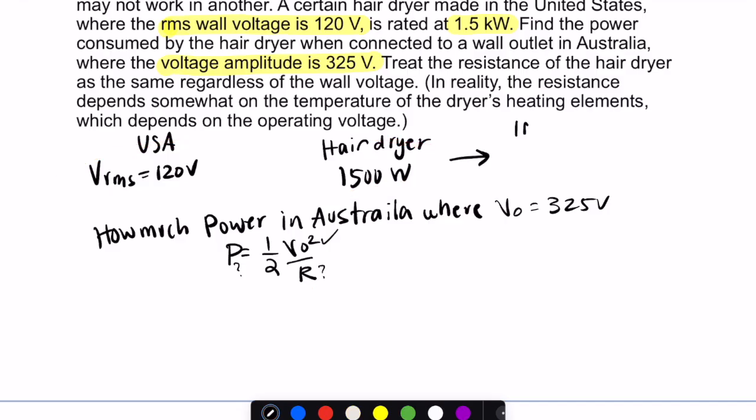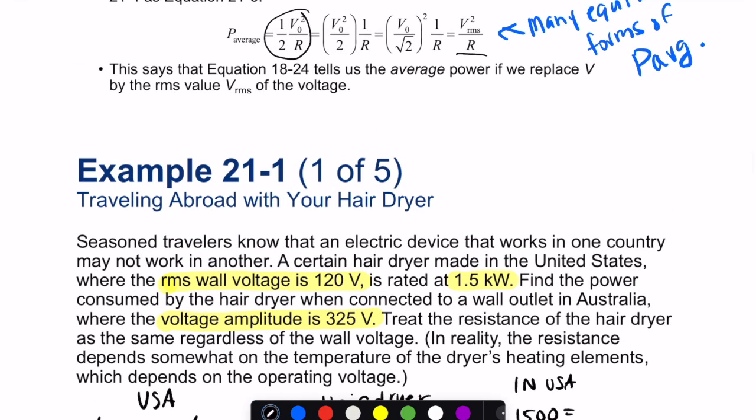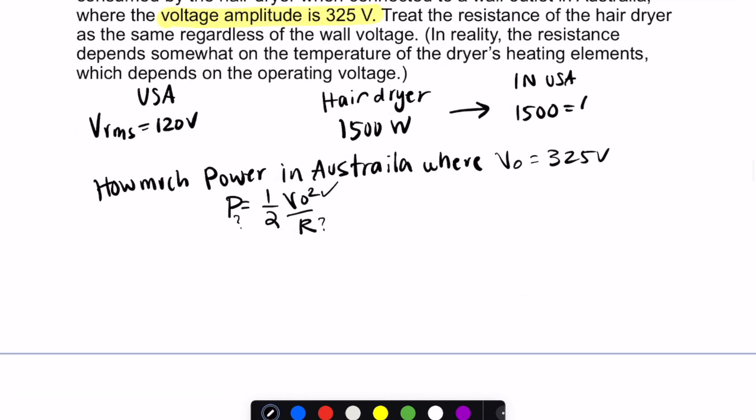In the US, we can figure out the resistance of the hairdryer. The power is 1500, and using VRMS, it is 120 squared over R. Now I can solve for R as 120 squared over 1500.